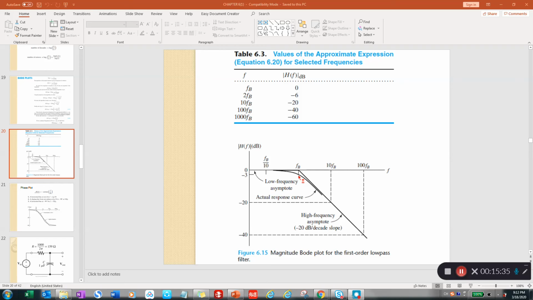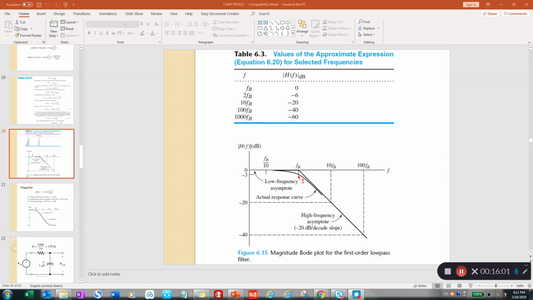The amplitude of the output signal equals 0.7 of the amplitude of the input signal. And if you calculate the 20 log to get the value in dB, you are going to get -3. That means the output signal will be reduced by about 30%.